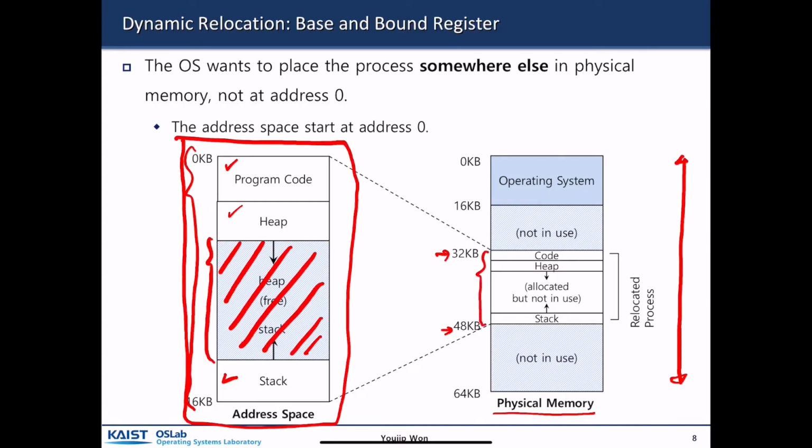This is what we call dynamic relocation. So the entire virtual address space is relocated to the physical address space somewhere within the available physical DRAM.